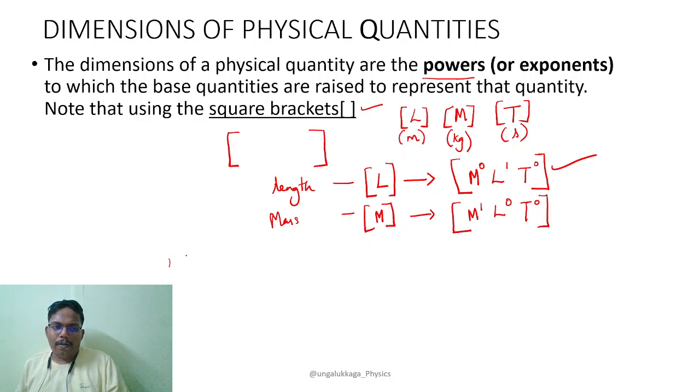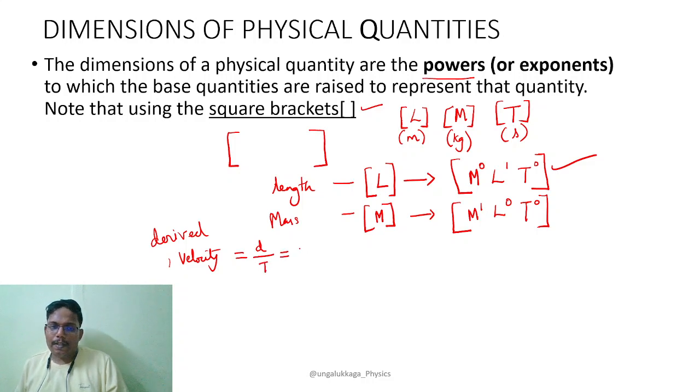Now we can write it for velocity. Obviously velocity is a derived quantity, which is nothing but displacement by time.